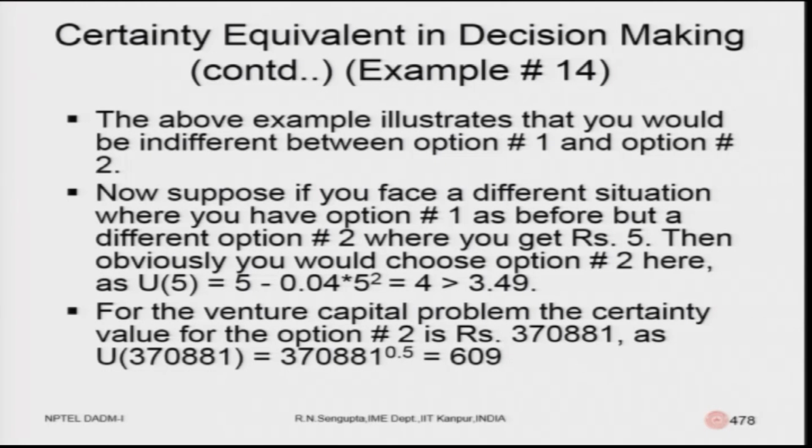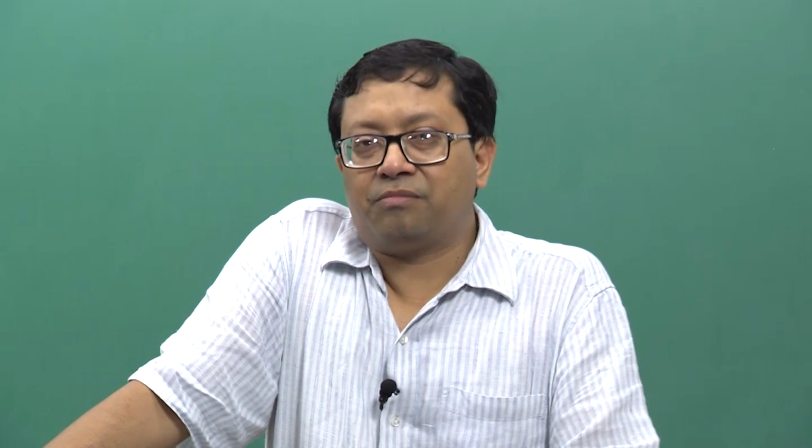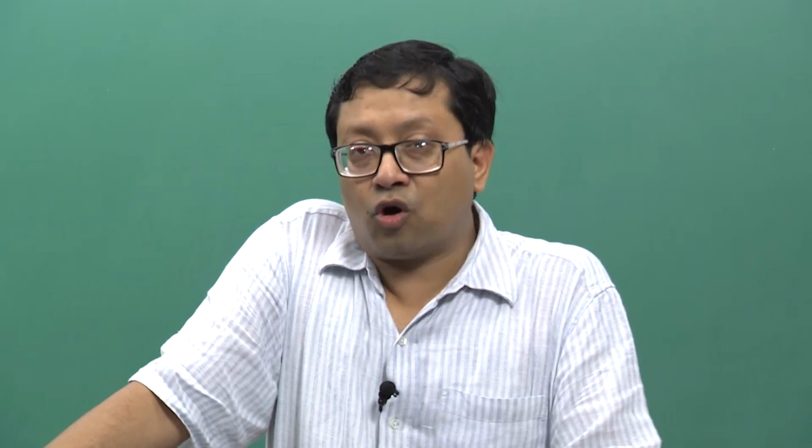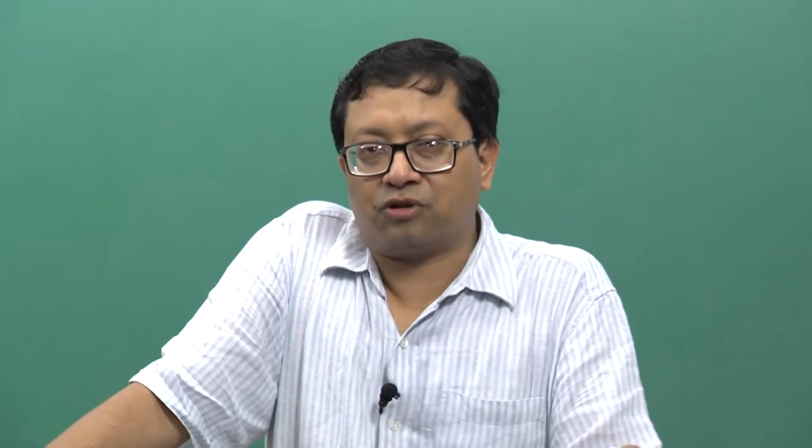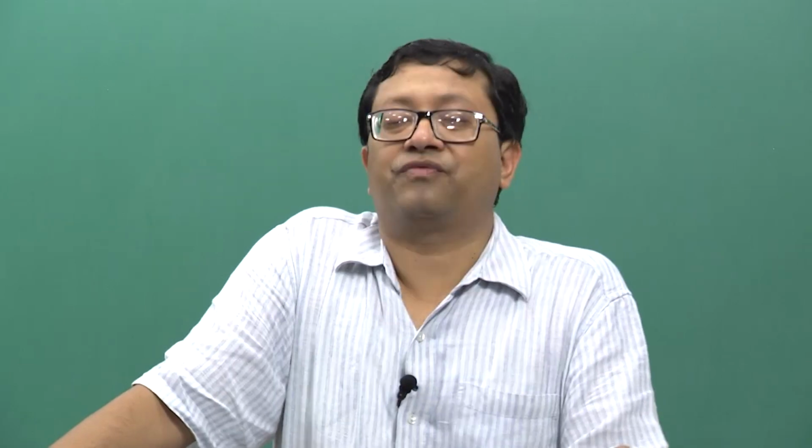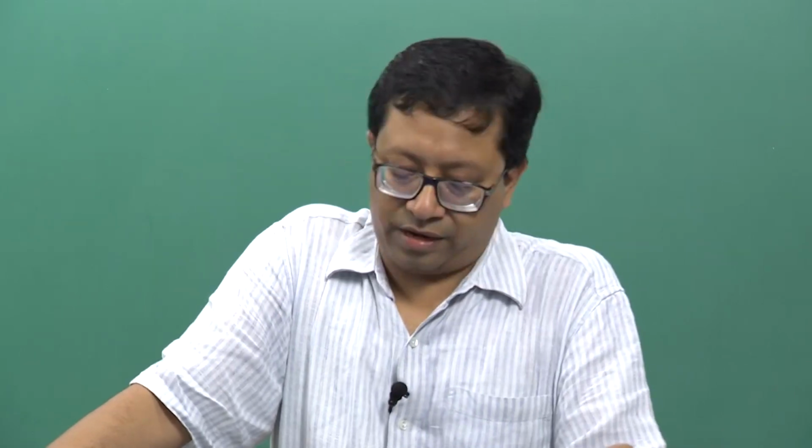So, when you are trying to find out the expected value of that gamble with respect to the certainty value, which is greater than 3.49, I will be more inclined to take a decision where in the long run, the value which accrues to me based on the utility function which is there for me would be higher.